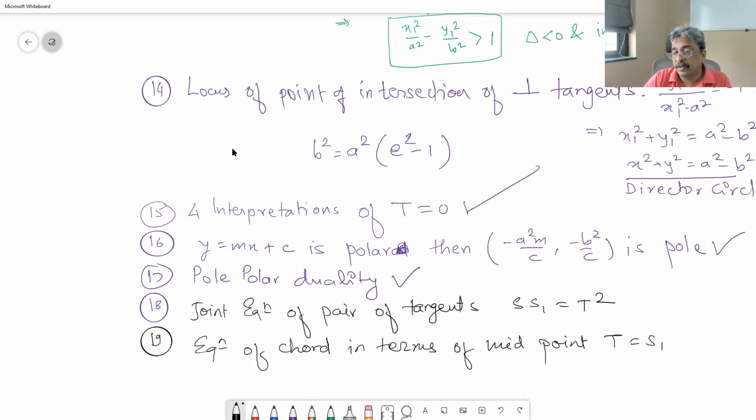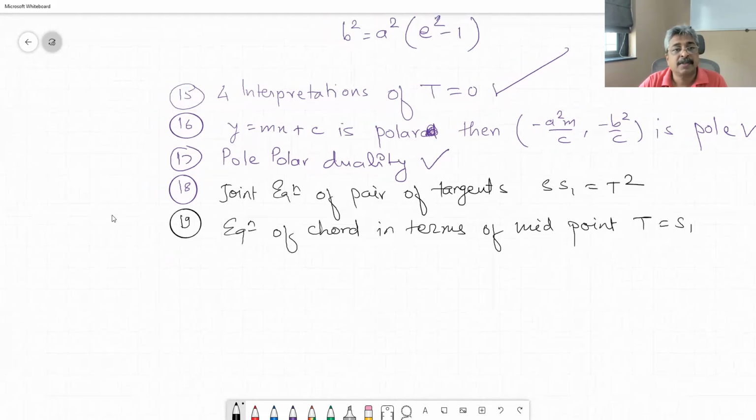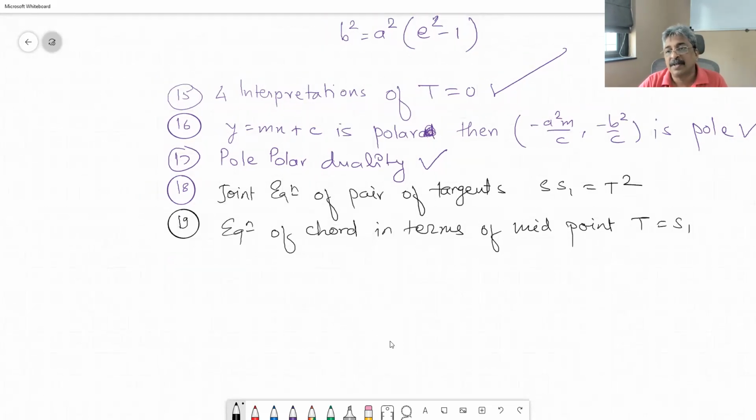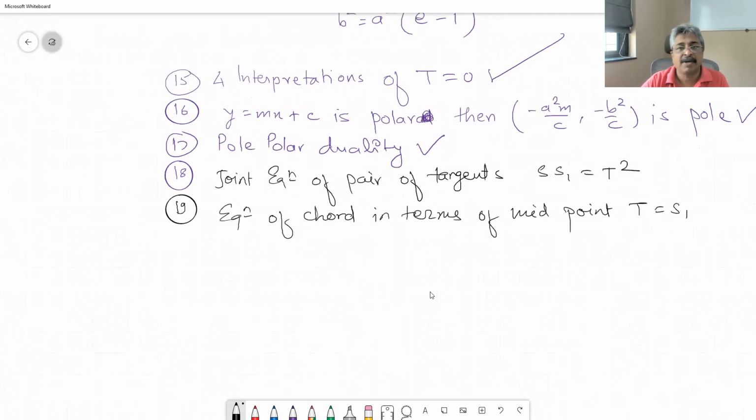T is equal to S1. Then see the advantage now. If you would not have done that degree 2 equation theory, all these things would have required to be discussed separately in the case of hyperbola. But because we got a master stroke at that time, everything is done. 20.